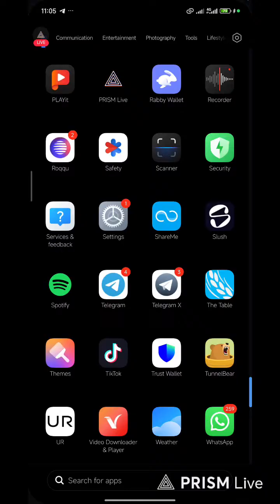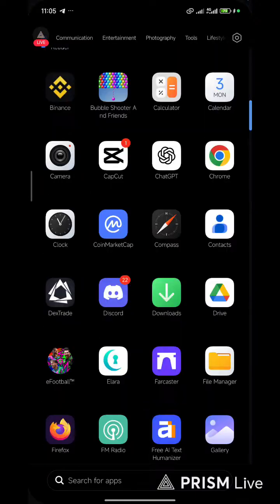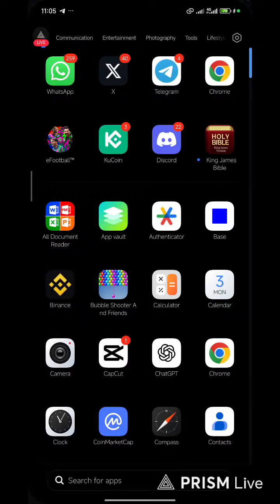This is how the app looks like. So this is the KuCoin Exchange you are going to use.